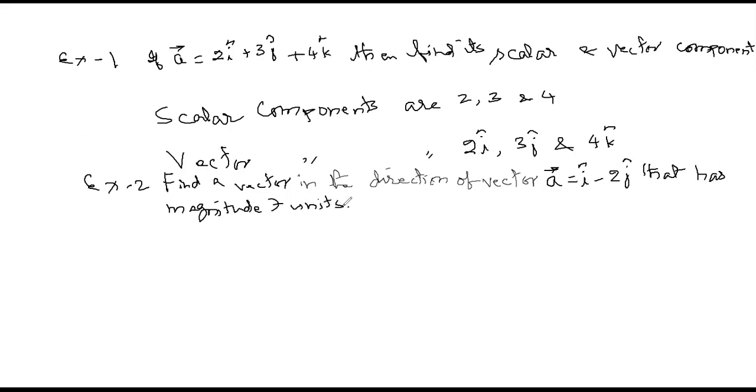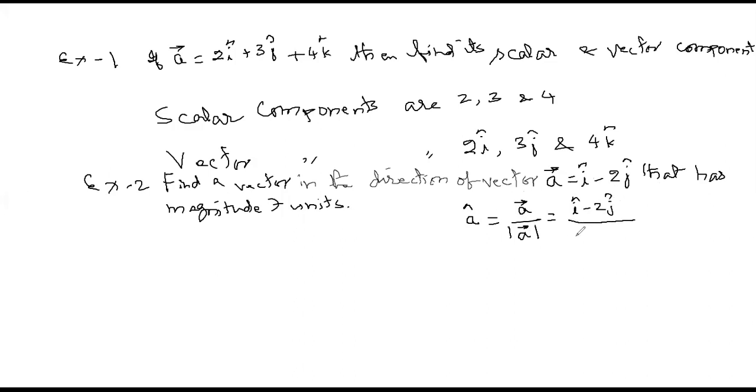So we have to find the vector in the direction of vector A. And if you have to find any vector in this direction, you have to find the unit vector. Always, for the unit vector of any vector, you divide that vector by its magnitude. Here the vector is i minus 2j, there is no k.